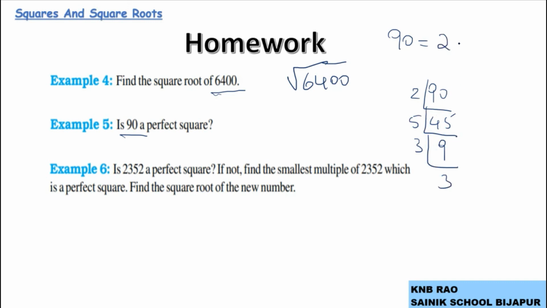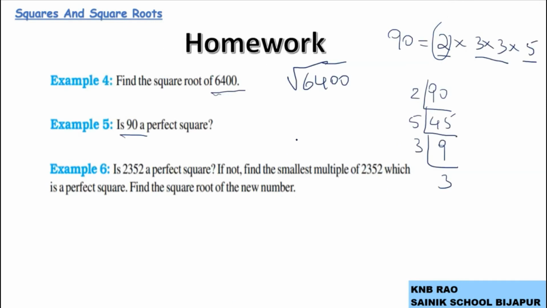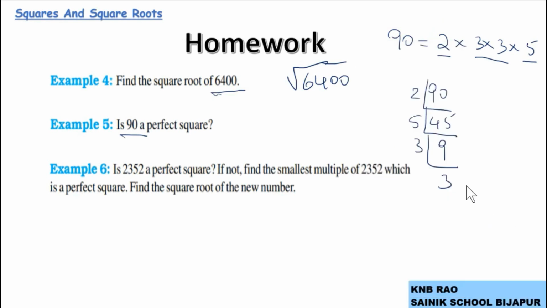So in the prime factorization of 90, we have got only 3's being in pair, and there is no pair for this 2. So there is no pair for this 2, there is no pair for this 5.